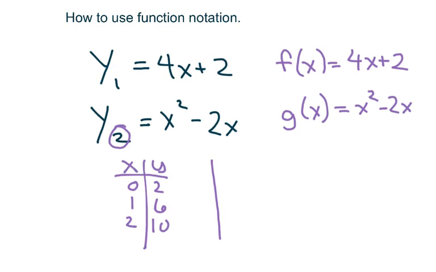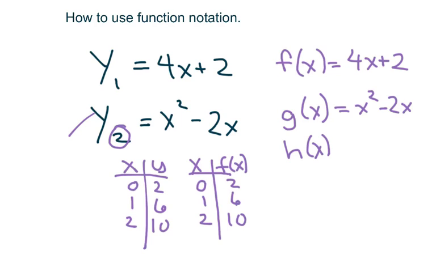We're going to use x, f of x, and do the same thing. And you're going to get the same values. We're just changing the notation. And the same thing for that one. If we had a third function, we'd call it h of x.